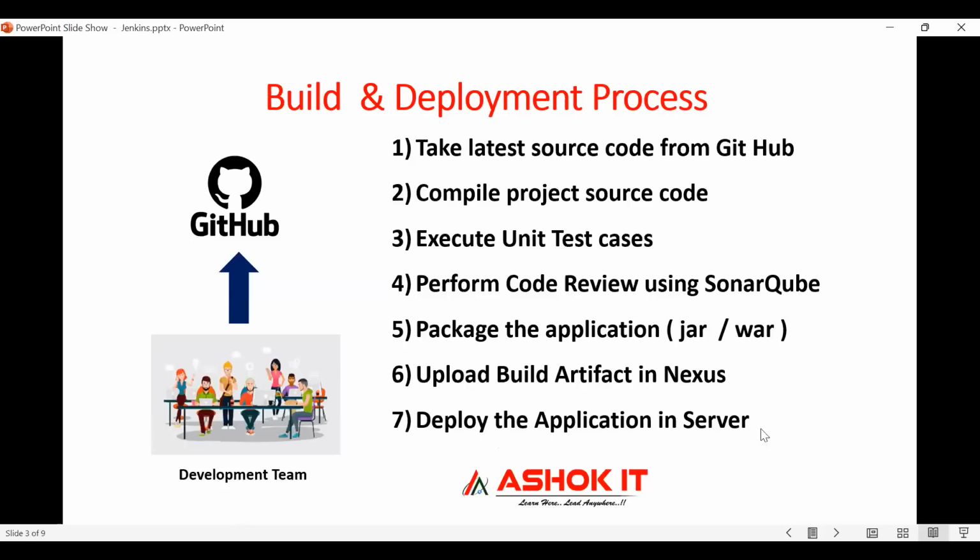Once the project is deployed, a client can access our project by using a URL like www.gmail.com, www.facebook.com, www.naukri.com. All the projects we are using are running in the server. Are you guys clear? Good.